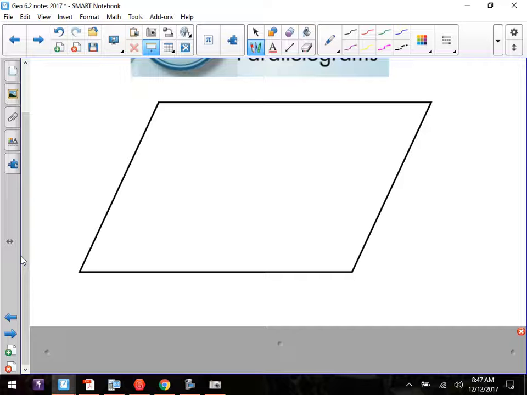So when you have parallelograms, you always have two sets of parallel sides. The way we say that is that opposite sides are parallel. So we'll make a list here. Properties of parallelograms.